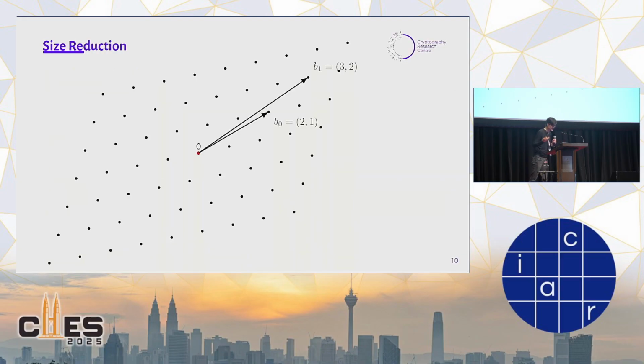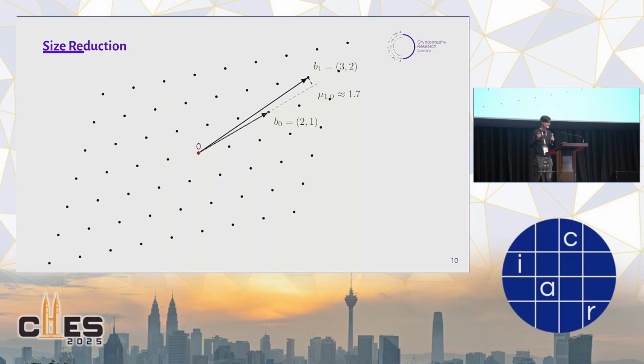Well, what is a size reduction? Here on the figure you can see a nasty basis. It's really skewed, and we would like to get a better basis than this one. So what do we do? We first project the first vector onto the zeroth one and get the projection mu of around 1.7.